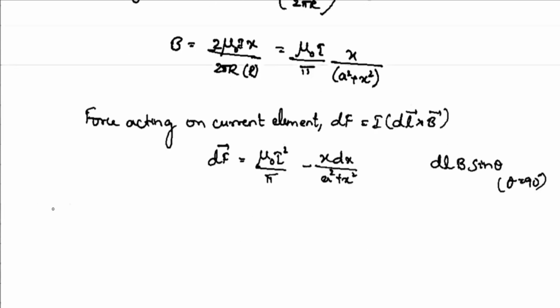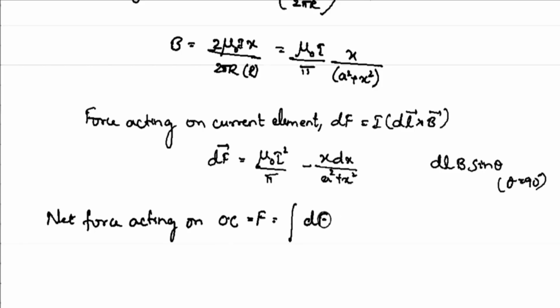Now simplifying this, if this is the small force acting on that small current element, then the total force acting on the wire OC, so the net force acting on OC, will be equal to F is equal to integral of dF.